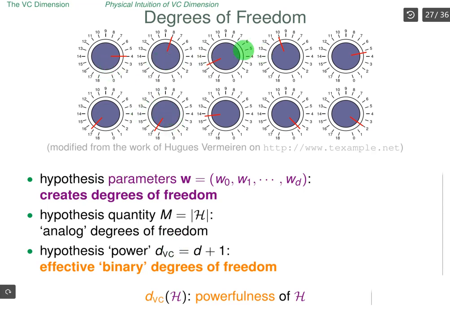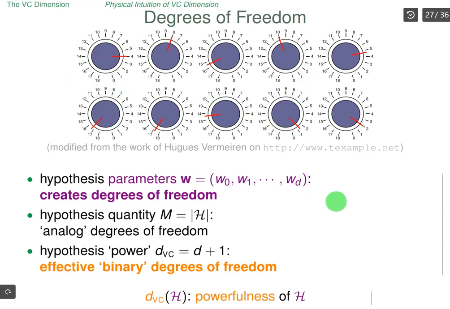So we can relate VC dimension to the number of tunable knobs in a radio, for example. Each knob corresponds to a w or changeable parameter. Then we can relate the VC dimension to this number of knobs, 5 in this picture, for example.